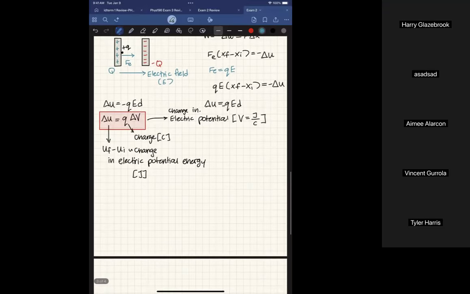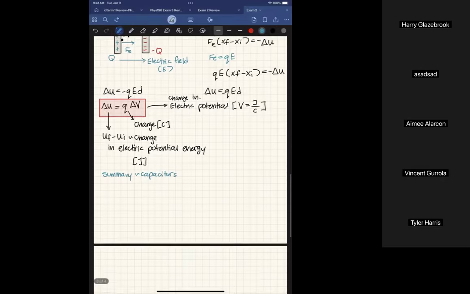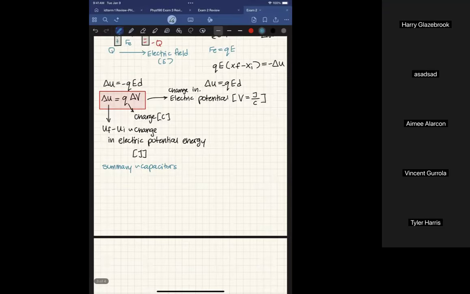So just to make a little summary here, and this again is for capacitor problems. For capacitors, first thing we're going to note, change in potential energy is just charge times change in potential.